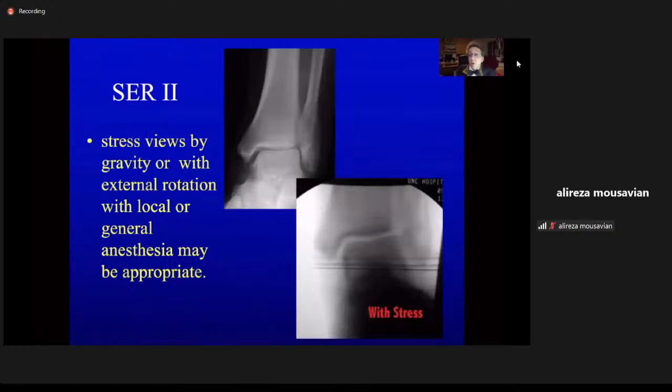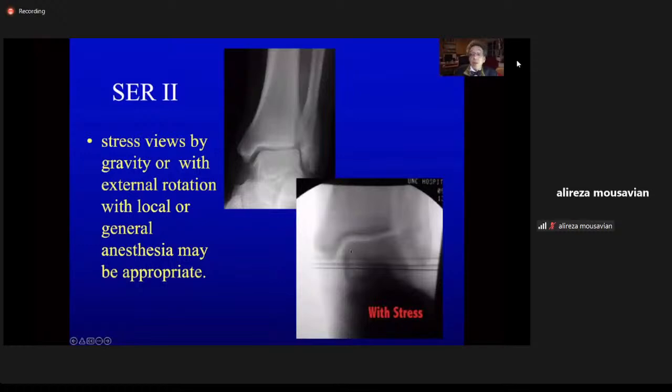Now, when you have a fibula fracture that's lower, it used to be thought that you could not have a syndesmotic injury. Well, even the SER2, the supination external rotation injuries that you see over here, can have syndesmotic instability. So we recommend either stress views by gravity or with external rotation with local or general anesthesia.